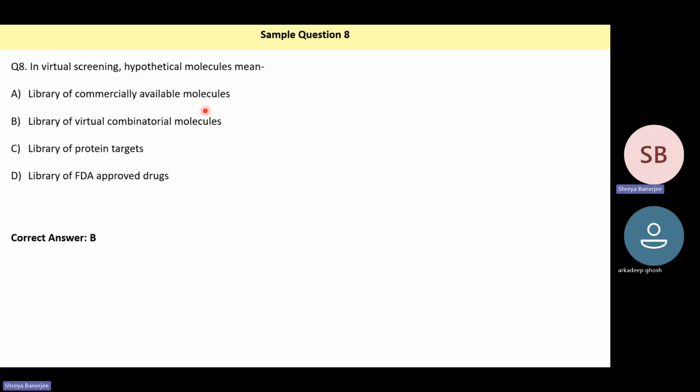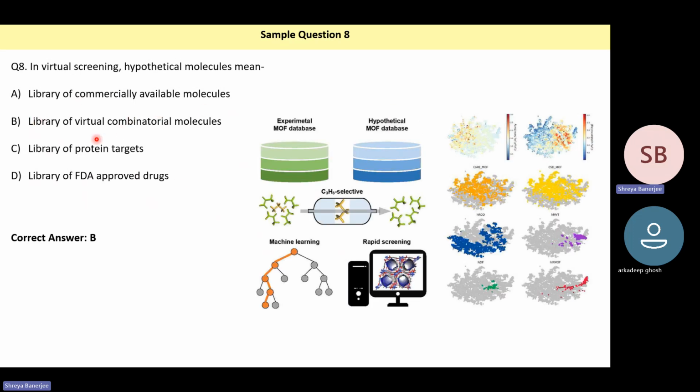So hypothetical molecules basically mean the library of virtual combinatorial molecules. So if you remember, we read a few slides ago, the library of commercially available molecules are the real molecules, and they can be anywhere between 1 to 4 million.